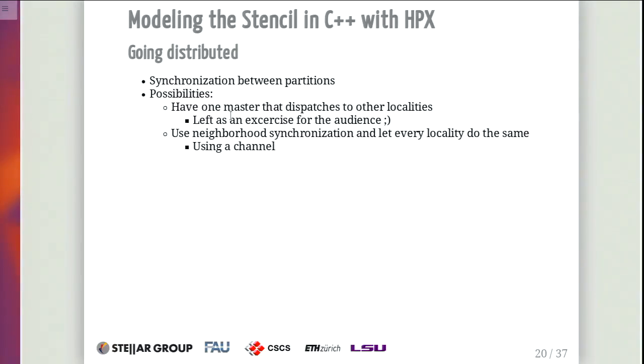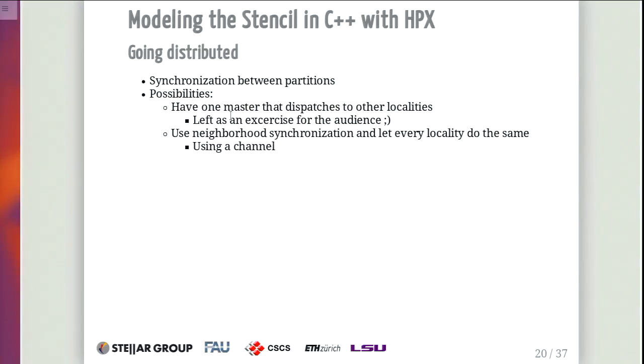So what we have so far is just an algorithm that works nicely on a shared memory system, and later in the debugging and profiling session, we will go through the examples and show the different performance properties of it, and go through how well it actually performs, and do some measurements and stuff. Okay, but what we want to do next is write a distributed version of the program.